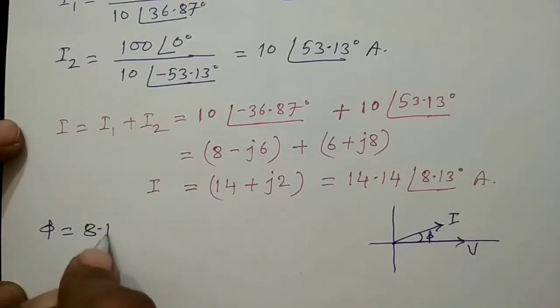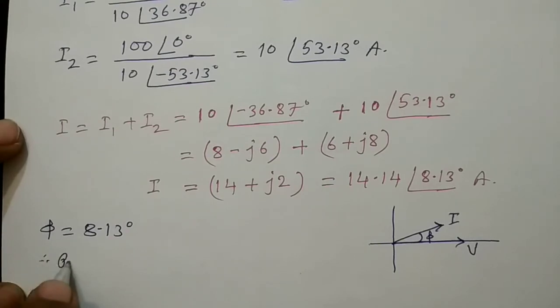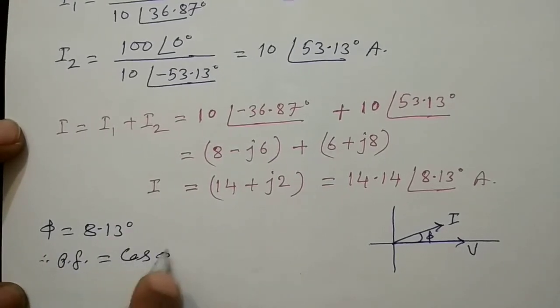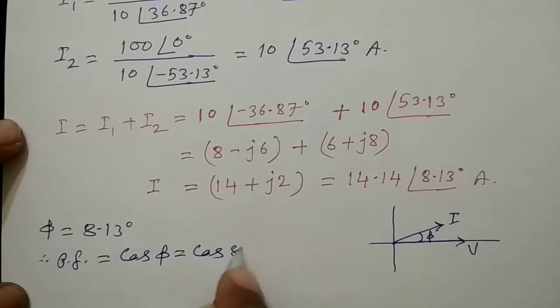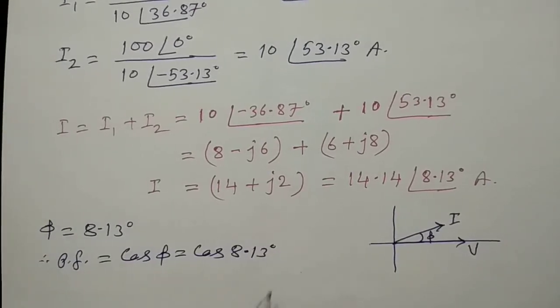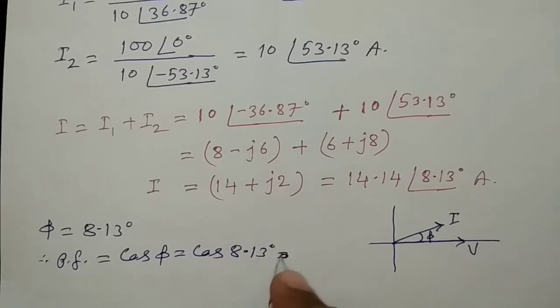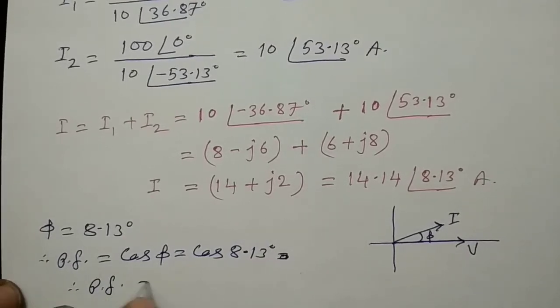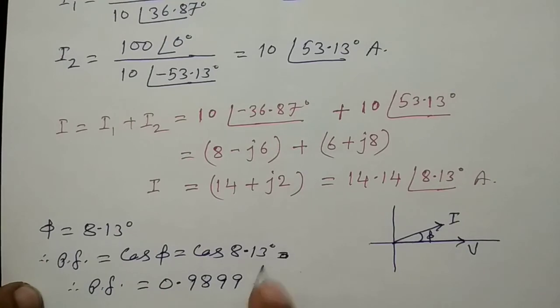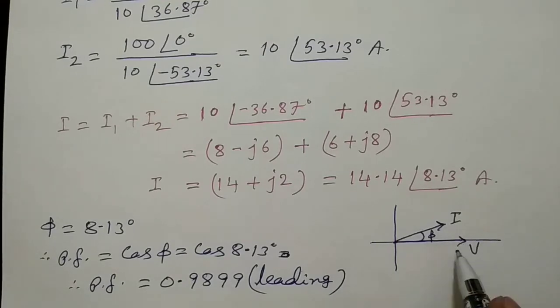Therefore the power factor cos phi is equal to cos 8.13 degree, so the power factor will be 0.9899 leading. You can see here the current is leading the voltage by the angle phi, that is 8.13 degree. That means the overall nature of the circuit will be resistive capacitive. That's why the power factor here will be considered as the leading power factor.